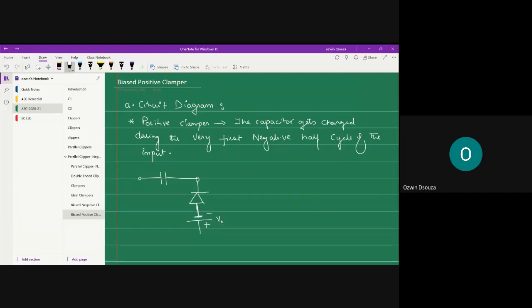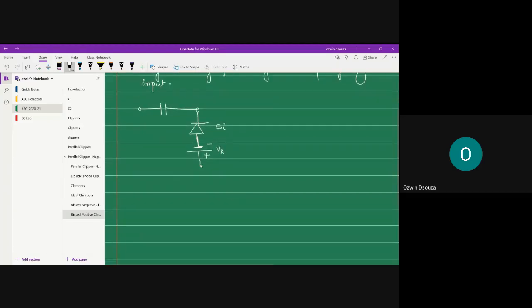Let's say this is VR, and let's say this is made up of a silicon diode. And this is your source. Let's consider a sinusoidal source. Load resistor. And the capacitor.